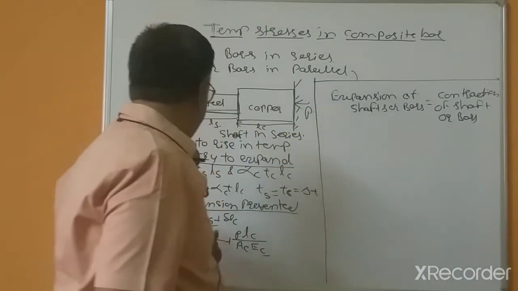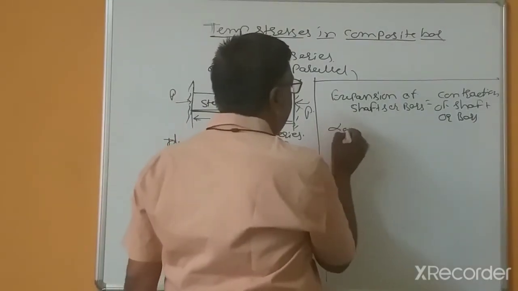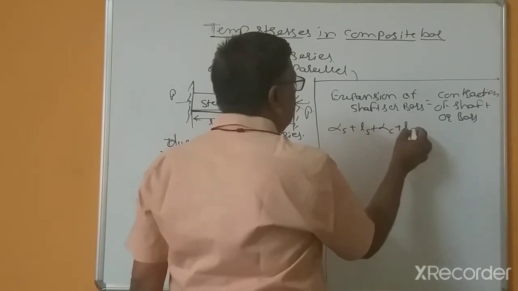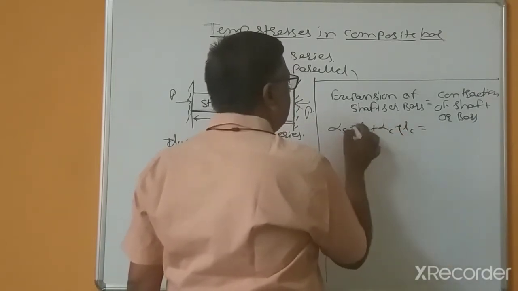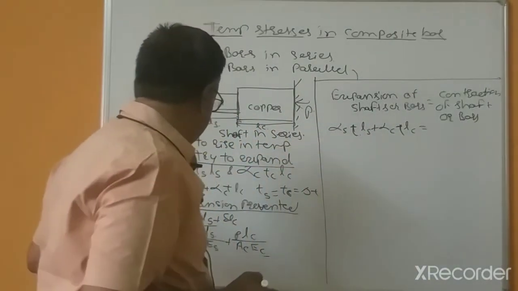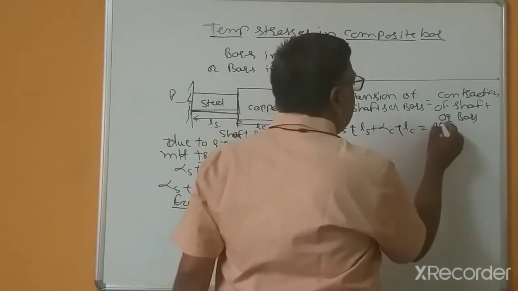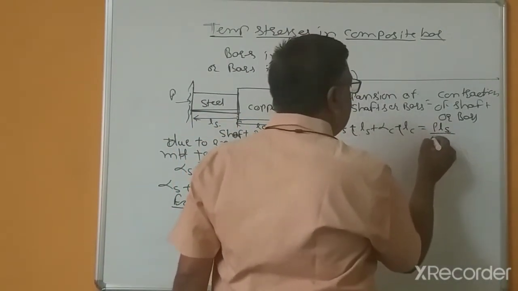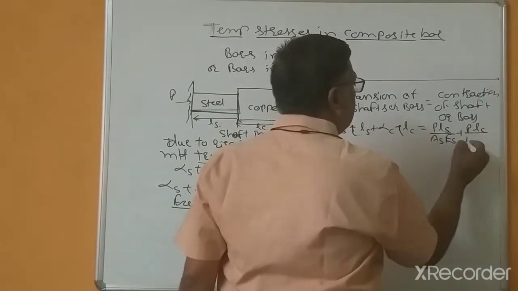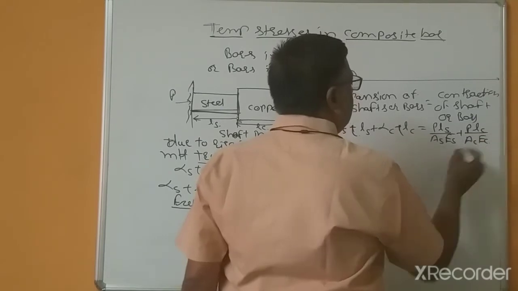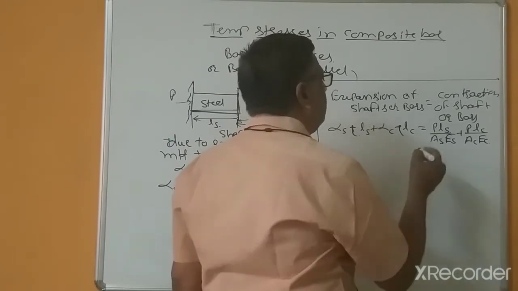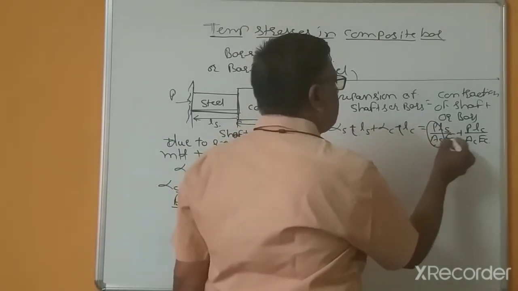So we can write alpha S T L S plus alpha C T L C equals P L S by A S E S plus P L C by A C E C. Equate this, and this is nothing but stress.